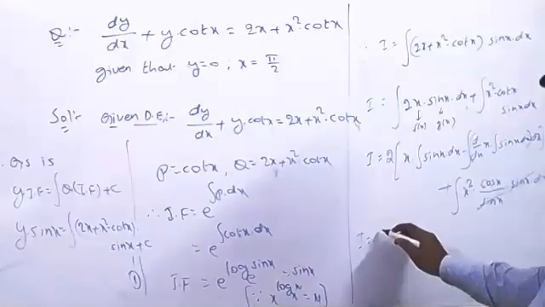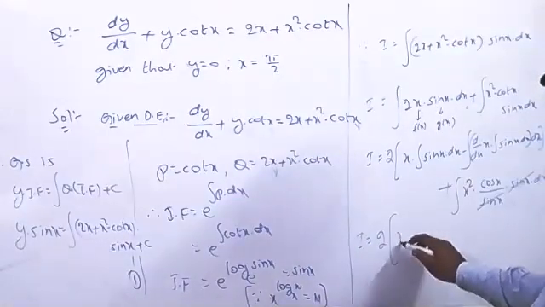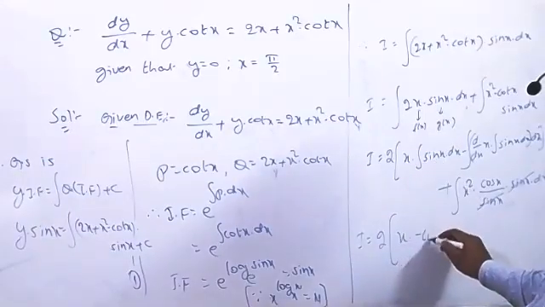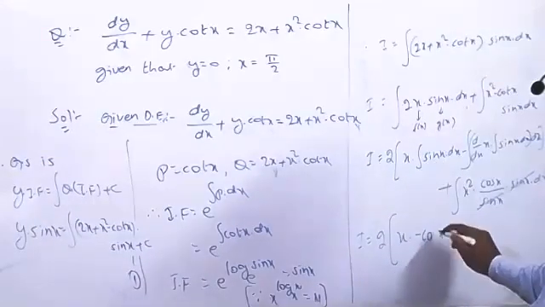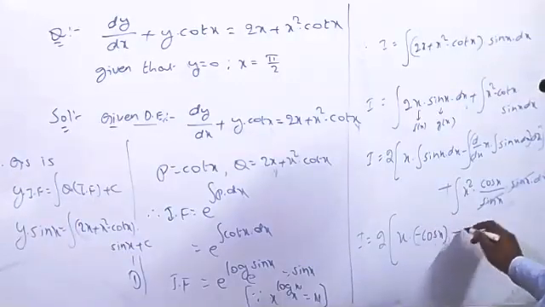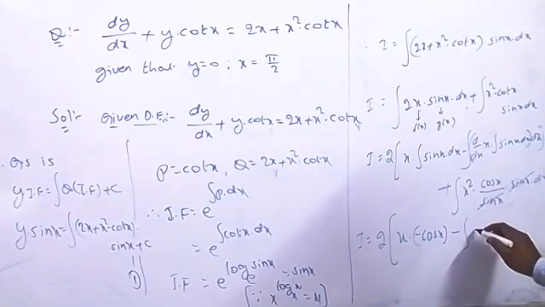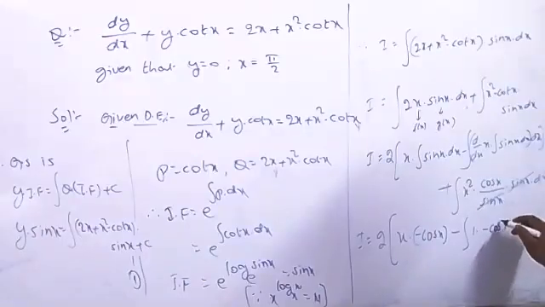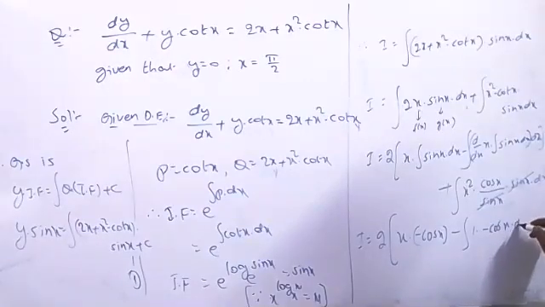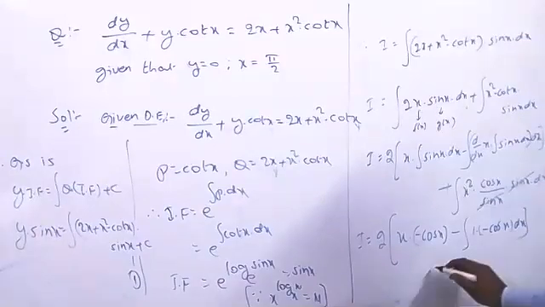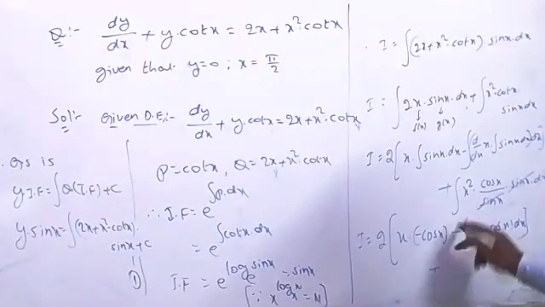So the value of I is equal to 2 into x into integration of sin x equal to minus cos x, minus integration of differentiation of x equal to 1 and integration this value equal to minus cos x into dx. Okay, plus, but here also you can apply the by parts again.